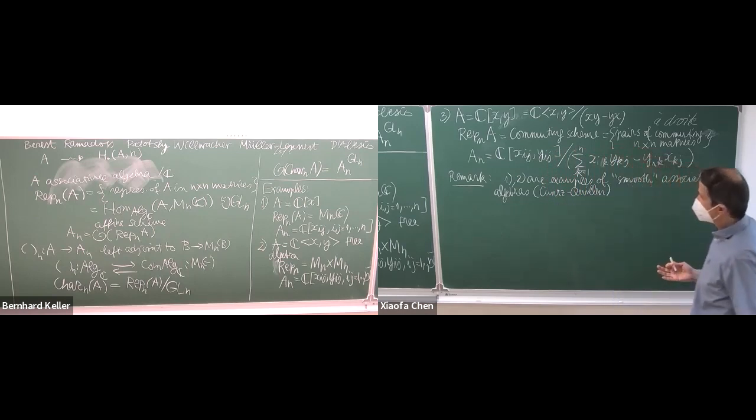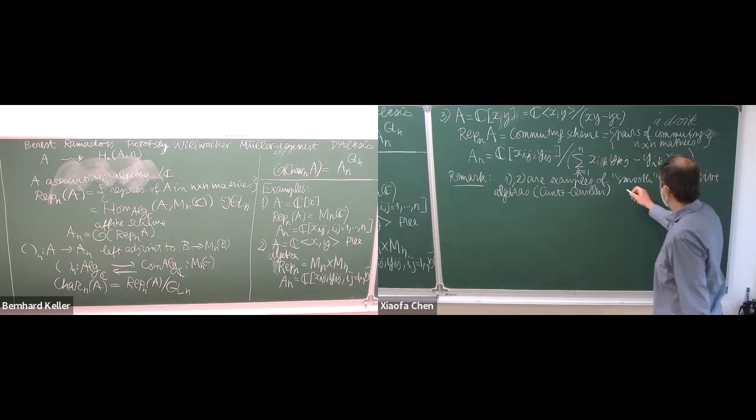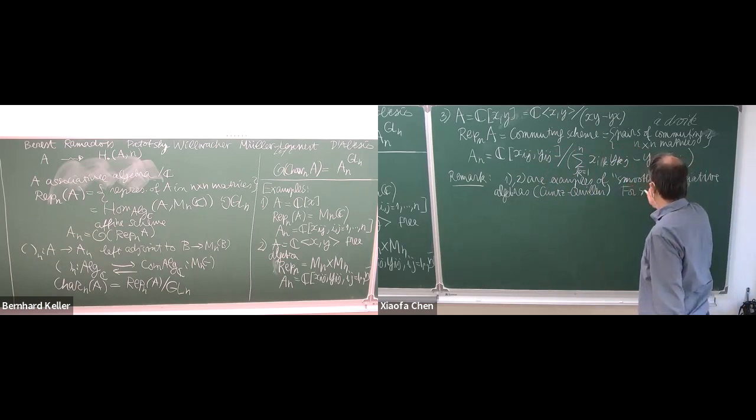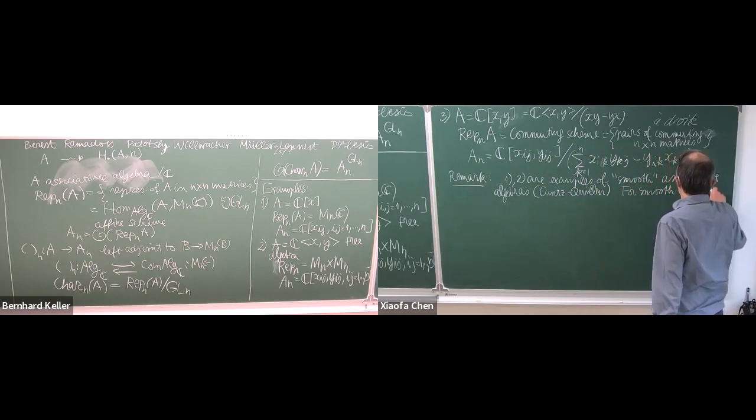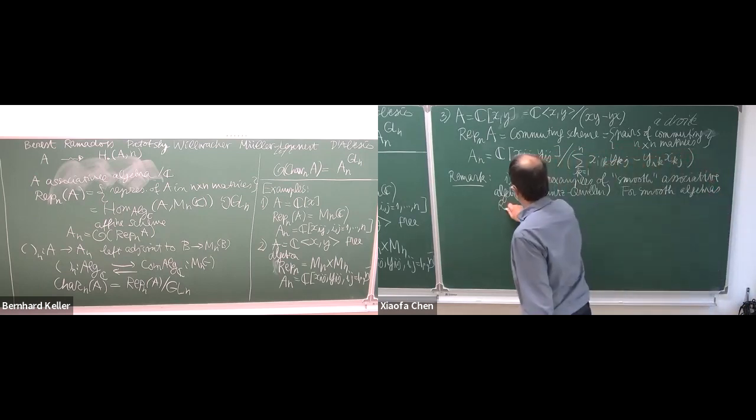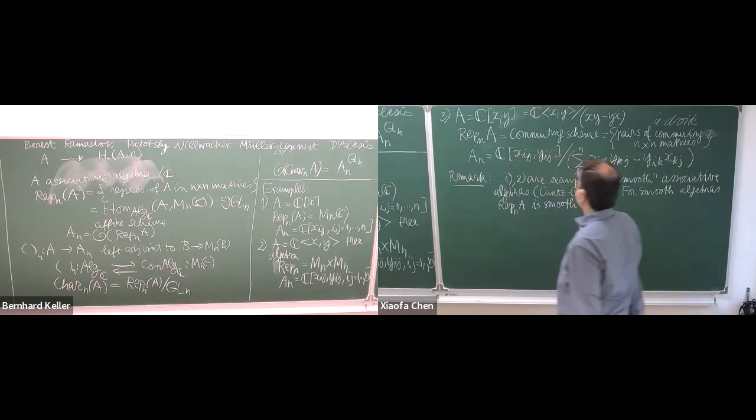And in this case, it is generally true that for smooth algebras, the representation scheme is a smooth algebraic variety.